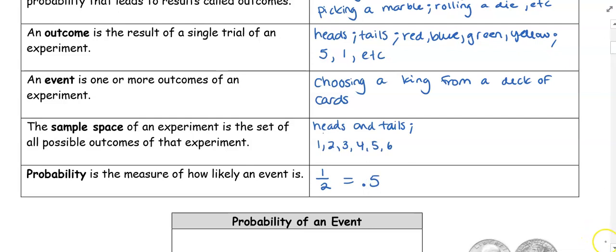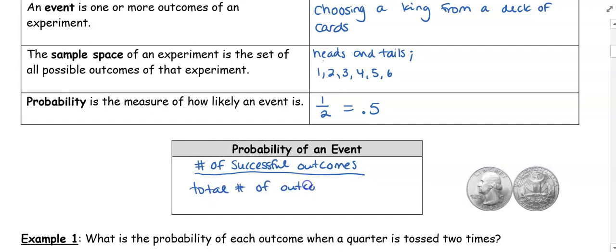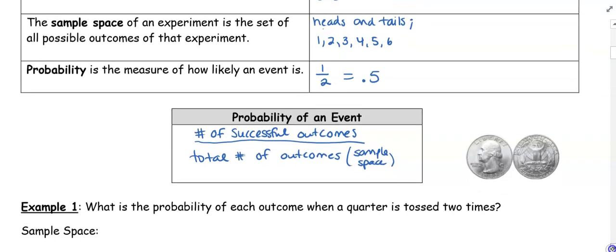When we are creating the probability, what we want to remember is that it is the number of successful outcomes, so how many ways can you be successful, over the total number of outcomes. And this is that sample space that you're choosing from. So successes over total.